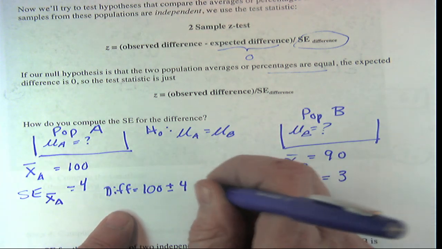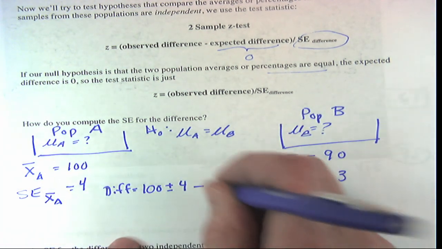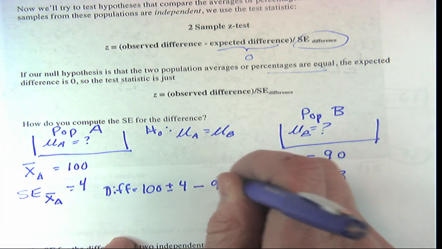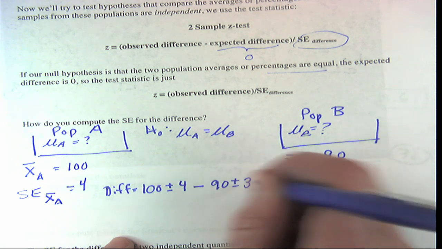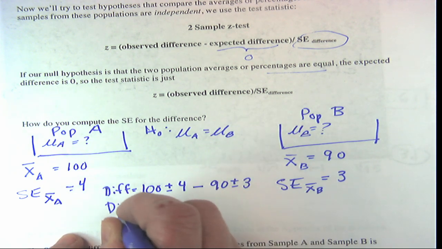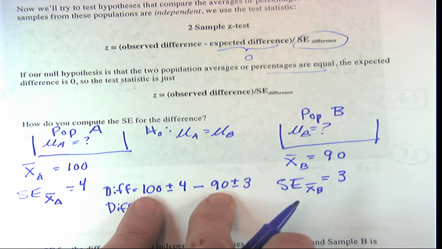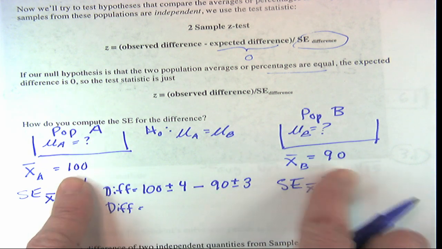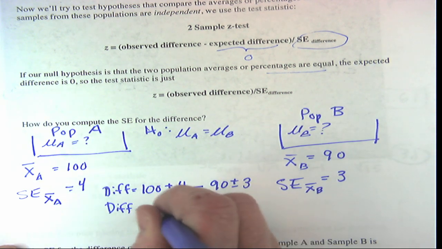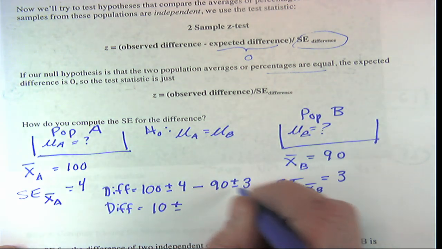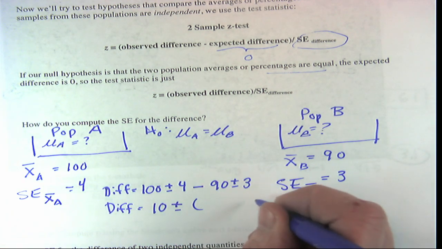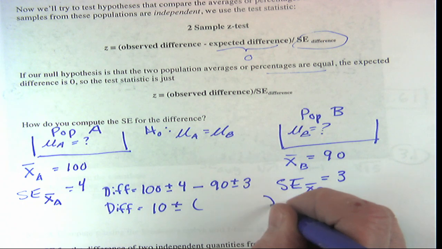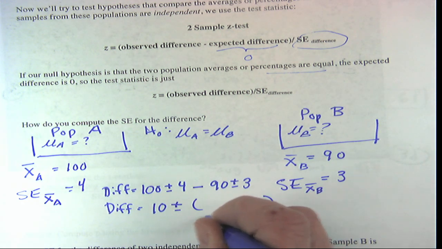And then we're taking a difference, so it's minus 90 plus or minus 3. So you can see that the difference is going to be that difference of 10. But now the question is, how do you combine these two sources right here? What do you do here? That's the standard error for the difference.